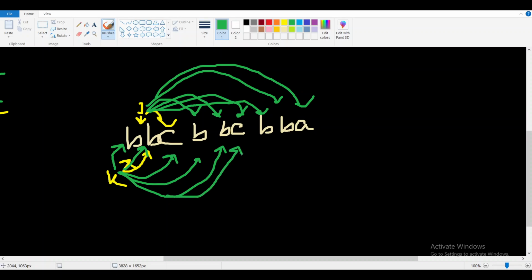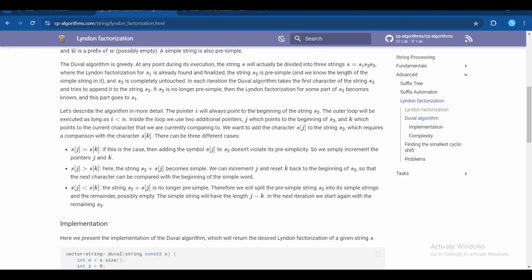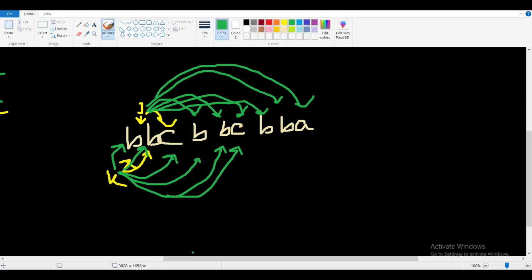Here comes the third point. If Sj is less than Sk, this means the string S2 plus Sj is no longer pre-simple, and also it is no longer simple because we have encountered some A, which violates the simplicity of the string.